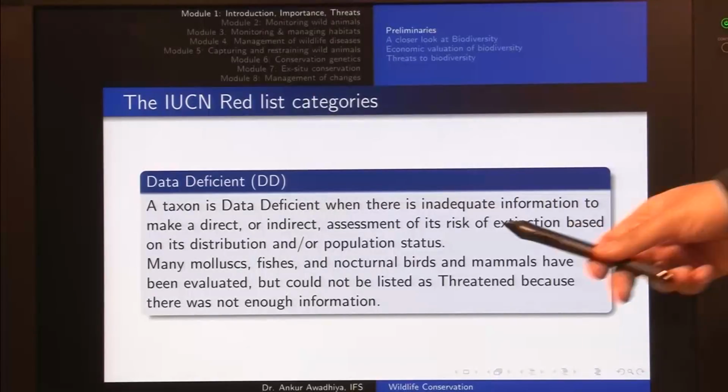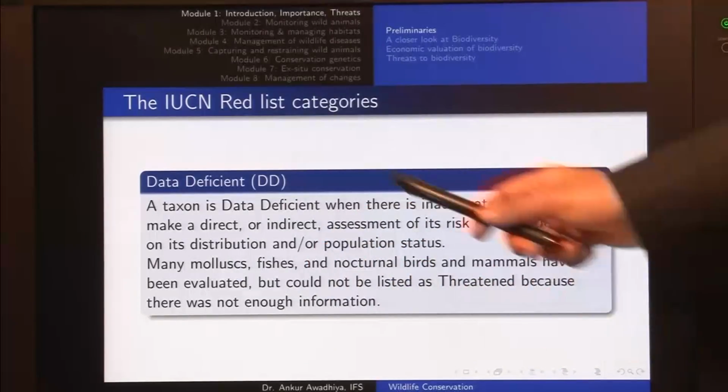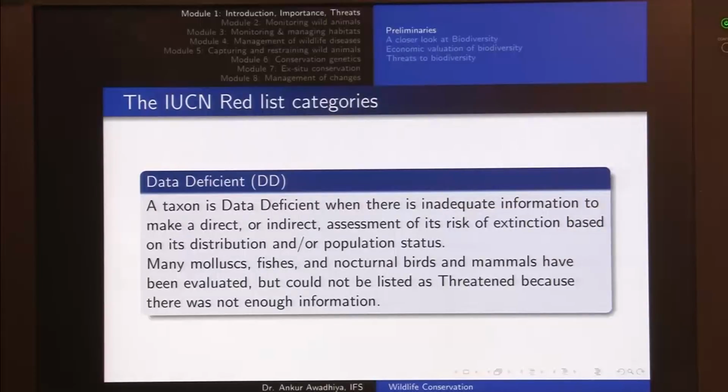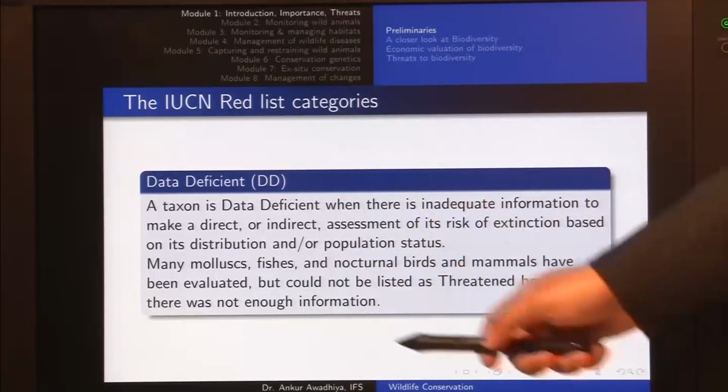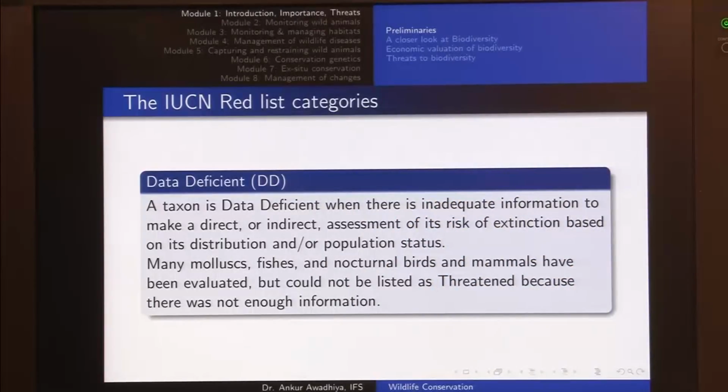So, you would observe that a number of these organisms or taxa are such that we are not able to gather data for them, because they are living in those habitats that are less accessible for most of us. So, for example, nocturnal birds, they come out in the night, and in the night it is very difficult to detect these birds.